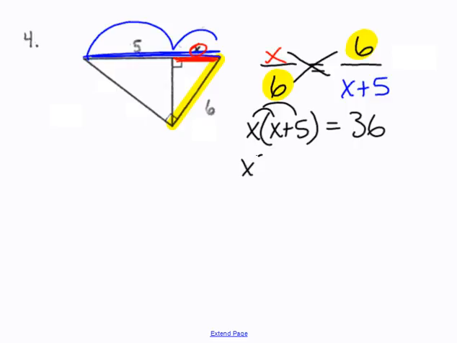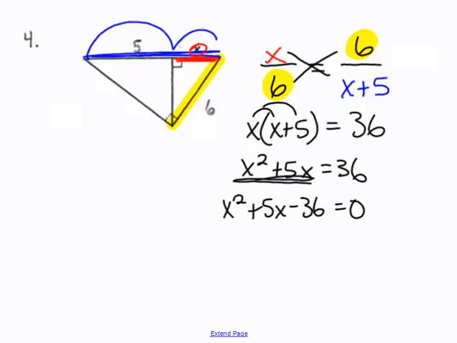End up with x squared plus 5x equals 36. This tells me it's a quadratic, so that means I have to do it factoring. So that means I have to set it equal to 0. So I'm going to take 36 away from both sides of the equation, and I end up with x squared plus 5x minus 36 equals 0.